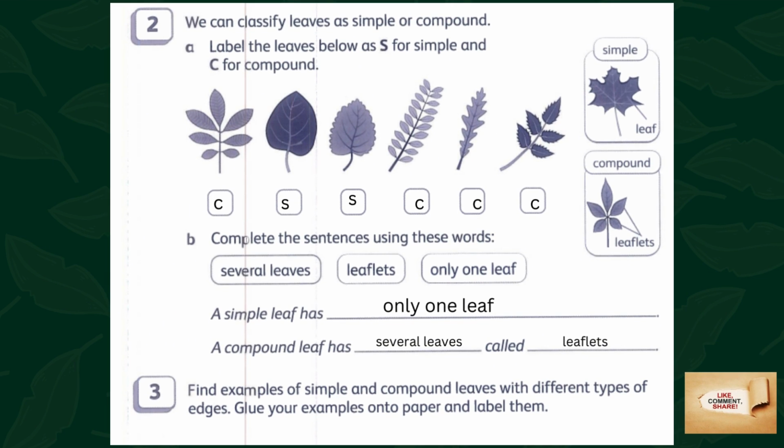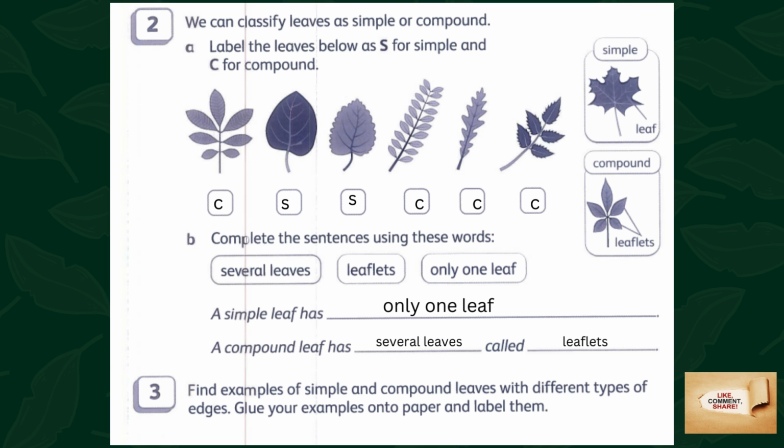Now number 2, we can classify leaves as simple or compound. A. Label the leaves below as S for simple and C for compound. Simple leaves means it has only one leaf, and compound leaves have several leaves called leaflets.